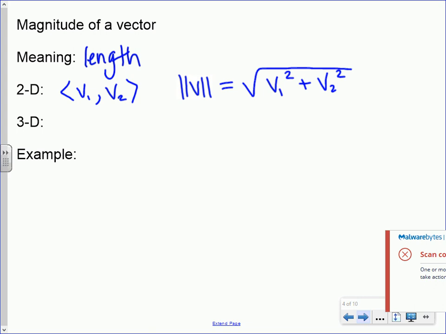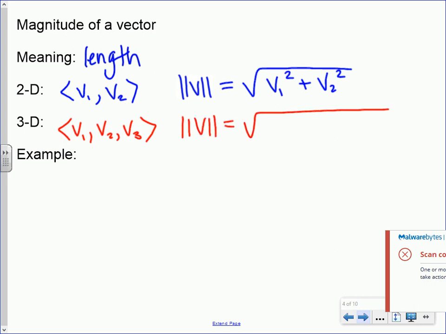Okay, so now when we step it up to 3 dimensions, how is it going to change? Magnitude is just going to be the same thing, except now we have a third dimension to consider.